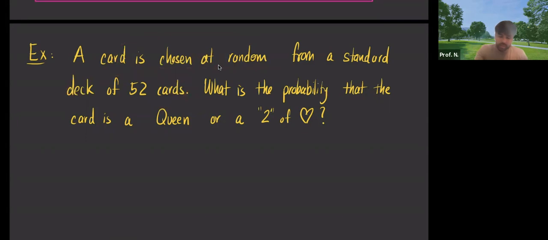We have to start to break down these sentences into what's the experiment and what are the events we're considering, because when we're able to do that, it helps with solving the problem. So this is the probability experiment.